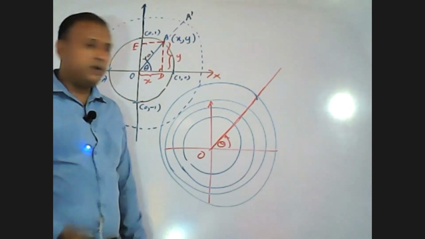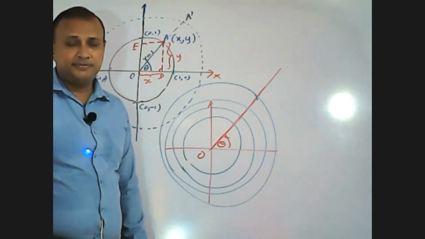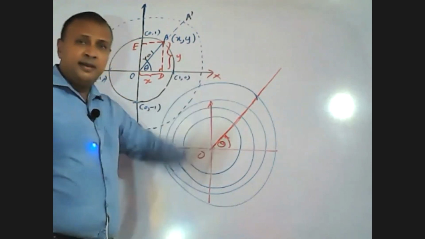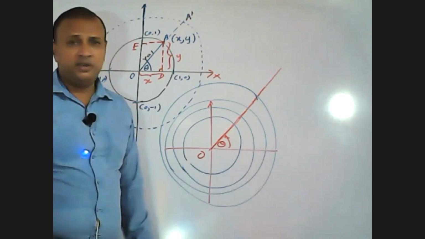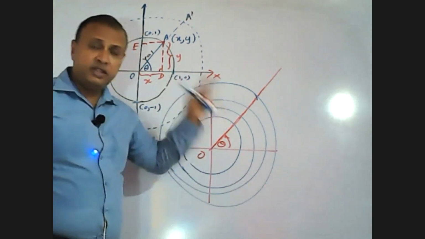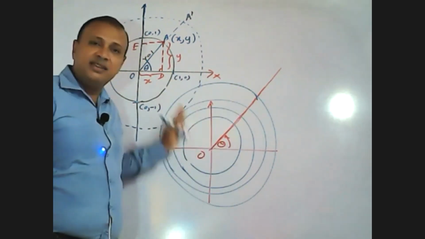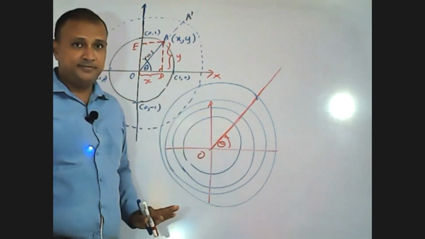Imagine you need to draw a 3 centimeter circle and define trigonometric ratios, and someone can draw a 4 centimeter circle and define trigonometric ratios. So there should be a standard. The standard circle is the unit circle. That is the only matter.